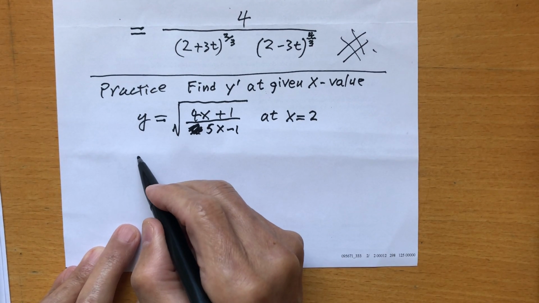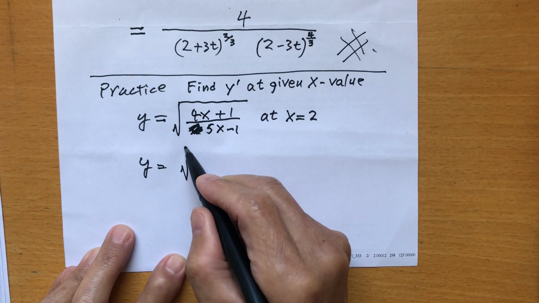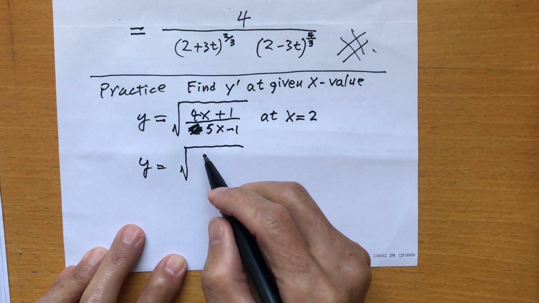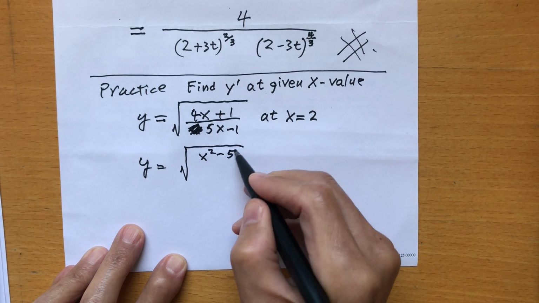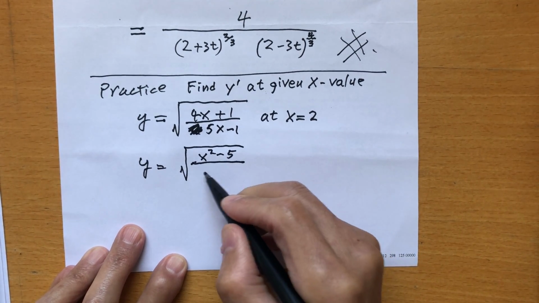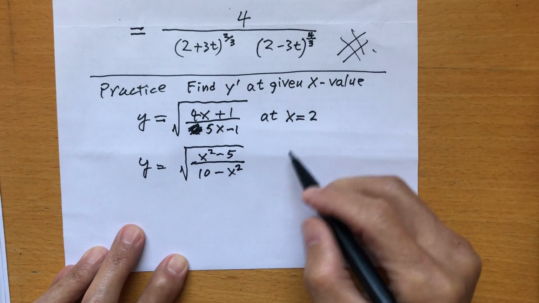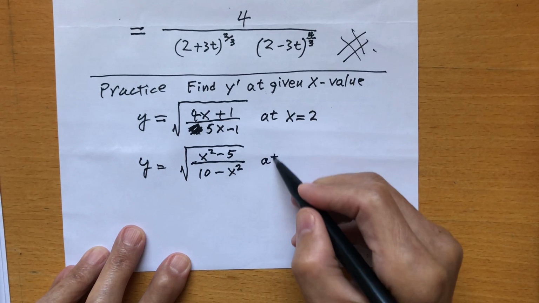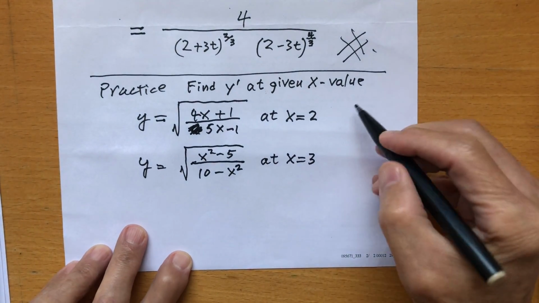And I have a second question. Square root of x squared minus 5 divided by 10 minus x squared, at x equals 3. I give you the answer, okay?